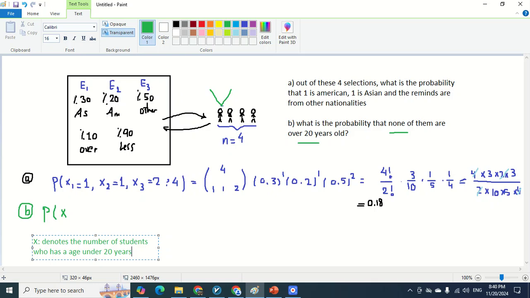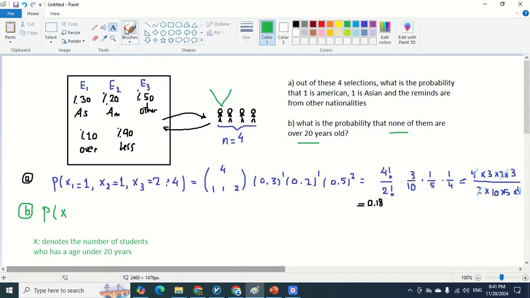So by this definition, I'm looking for having all of them, X equal to 4, meaning that all 4 students are under 20 years. For calculating this one, you should determine the binomial distribution. X follows the binomial distribution with 4 trials, and the probability of being under 20 years old is 0.9.